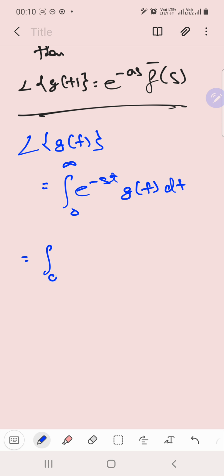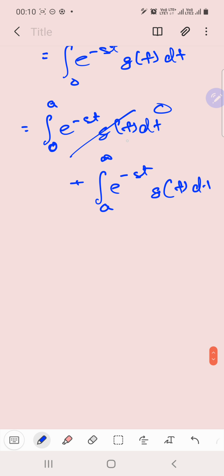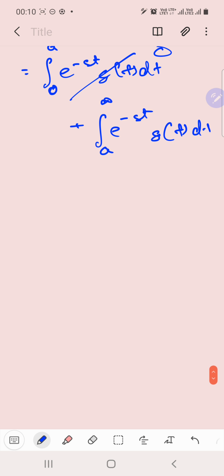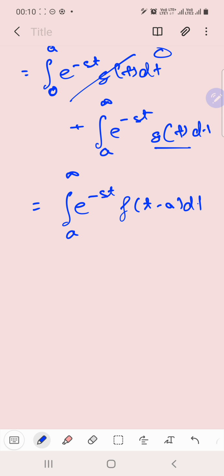So this can be separated into 0 to a e to the power minus st g(t) dt plus integration a to infinity e to the power minus st g(t) dt. This becomes 0 because g(t) is 0 in the interval 0 to a, and then this becomes a to infinity e to the power minus st. The value of g(t) in the interval a to infinity will be f(t minus a) dt.